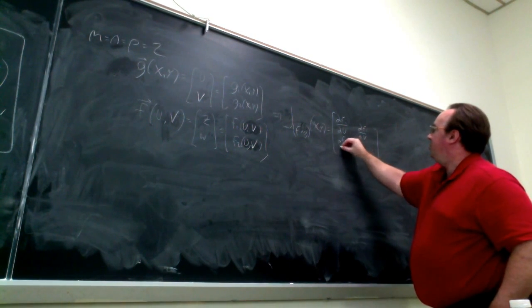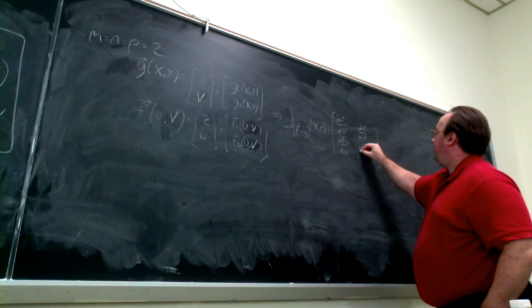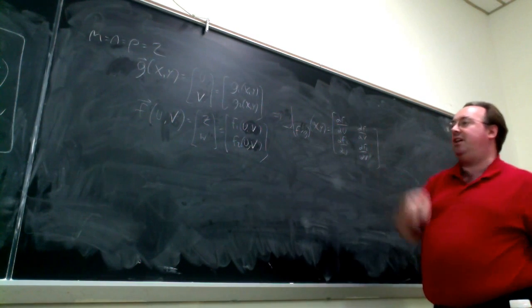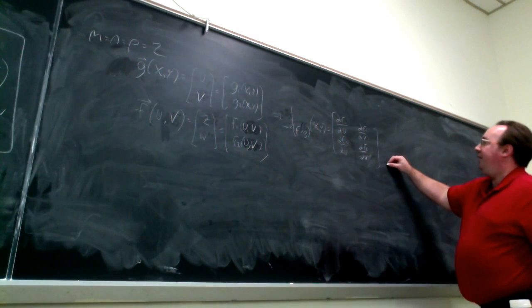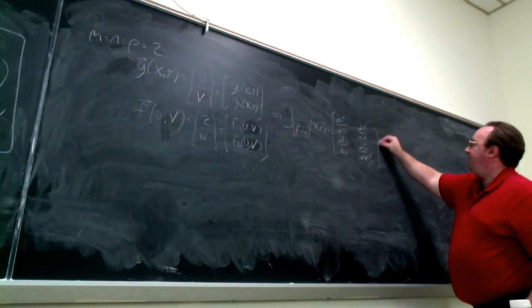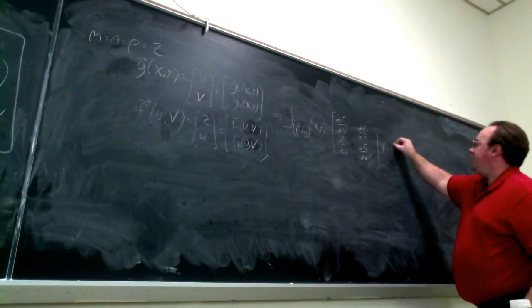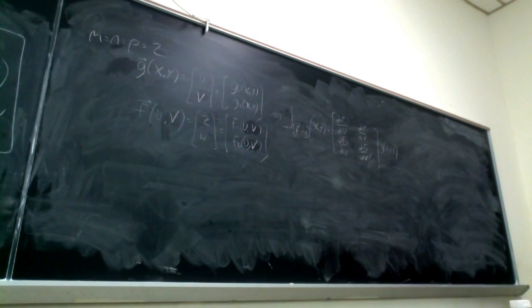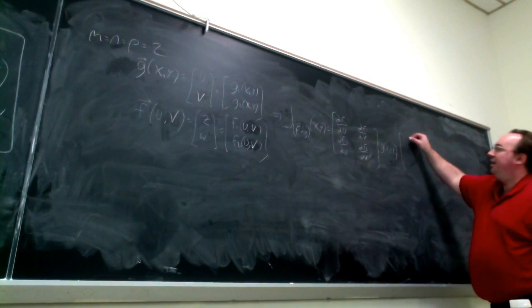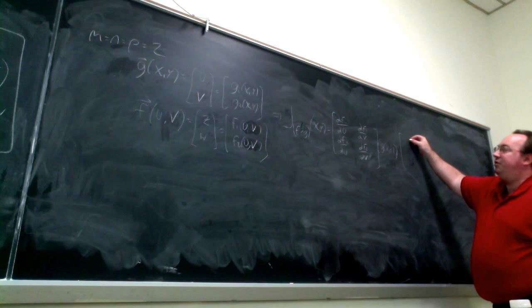Then the partial of f2 with respect to u, and the partial of f2 with respect to v. So it's just what I'm doing over there, just more specific. And all of this is evaluated at g, so that's what we have to plug in there. And then times the Jacobian matrix of g.